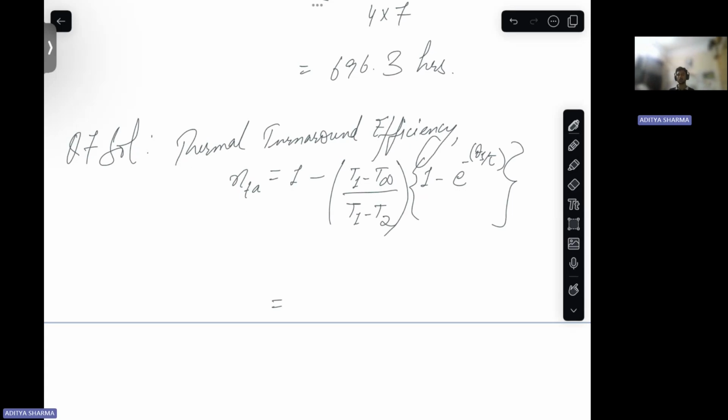We have seen one true or false type of question based on this only in the previous questions. So this is the relation between your thermal turnaround efficiency and your time constant.